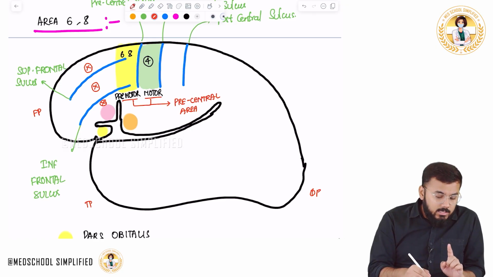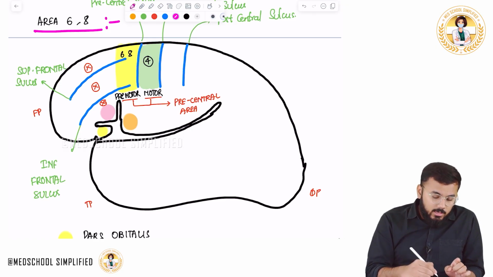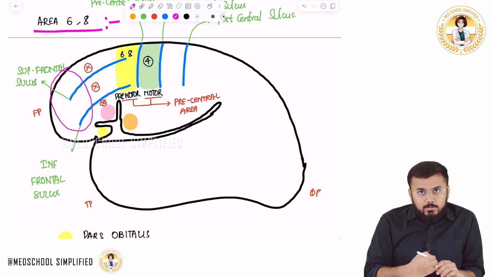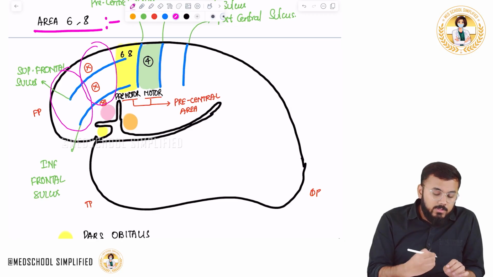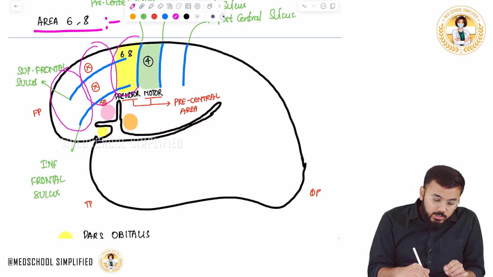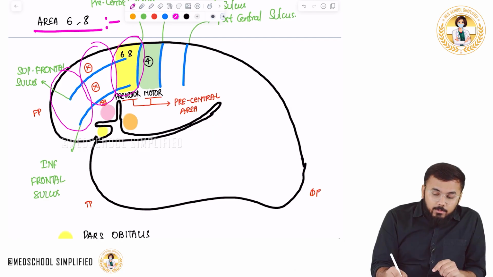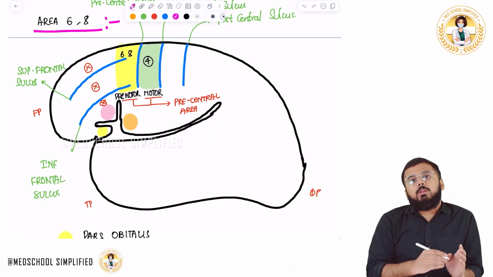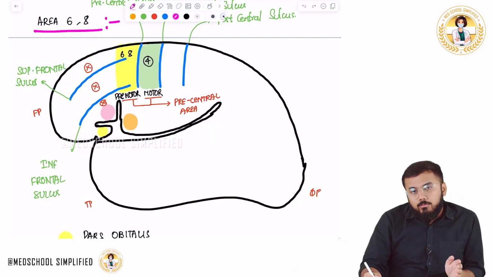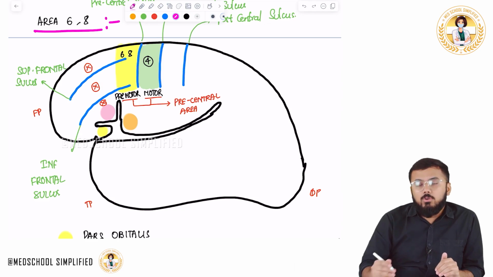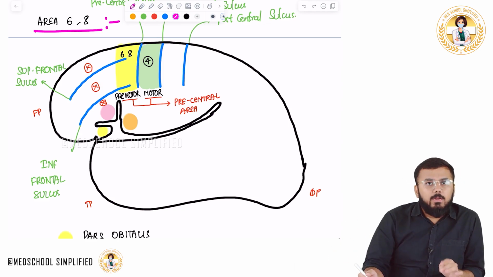Okay. After discussing these three gyrus, now you have to know one thing, that this is the anterior part of these three gyruses. This is the middle part of these three gyrus, and this is the posterior part of these three gyrus. Now tell me, area 6 and 8 is located in the anterior part of these frontal gyrus or in the posterior part or in the middle part?